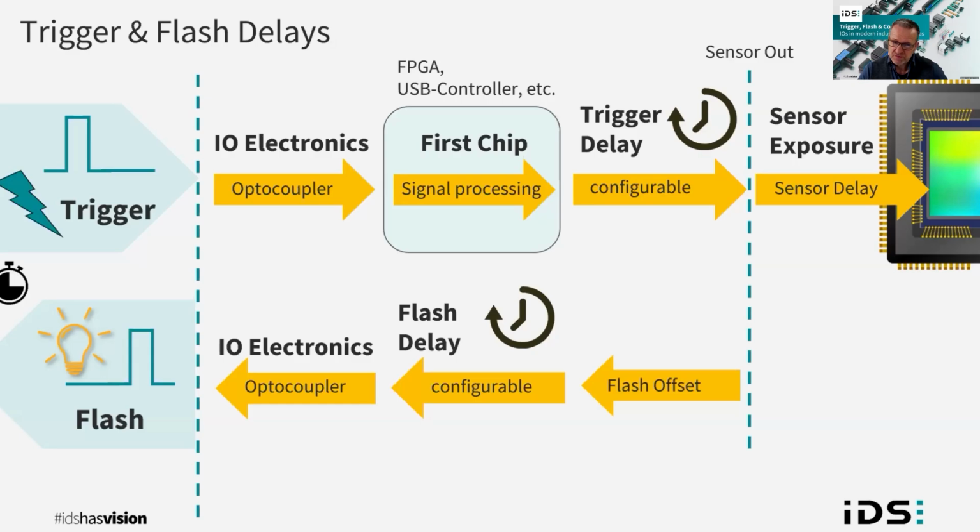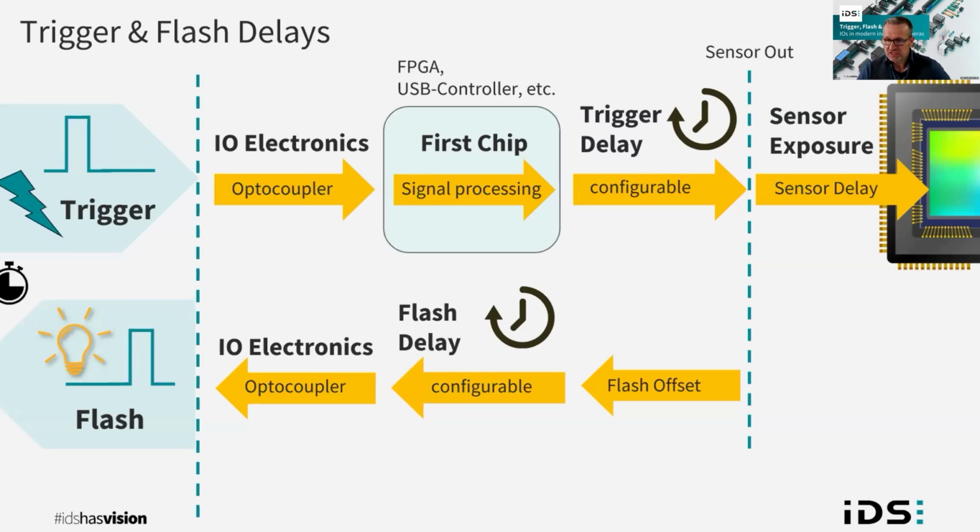The signal processing time in a chip can also differ. In FPGAs, for example, the delays are well below 1 microsecond, whereas in a USB controller, interrupt routines can take up to 25 microseconds. Depending on the sensor, the time until the pixel exposure starts can also fluctuate, so operating modes and pixel clock play a role here.